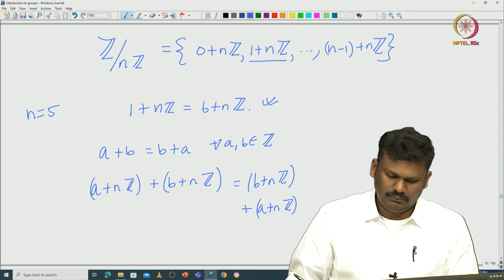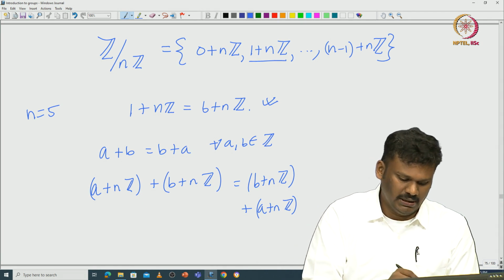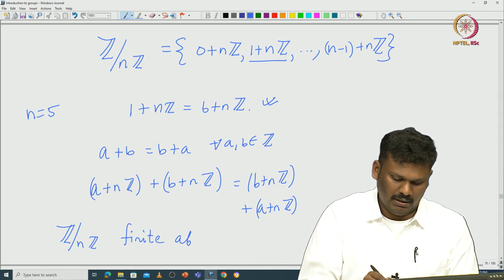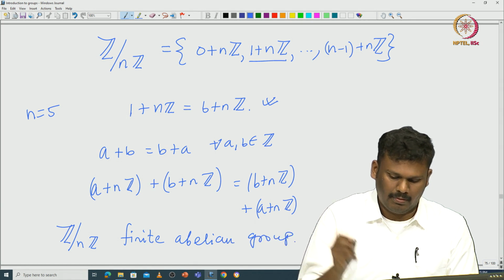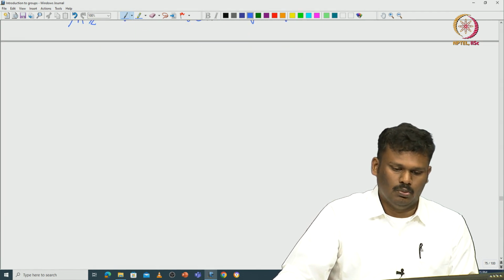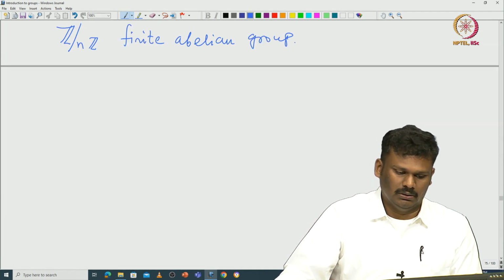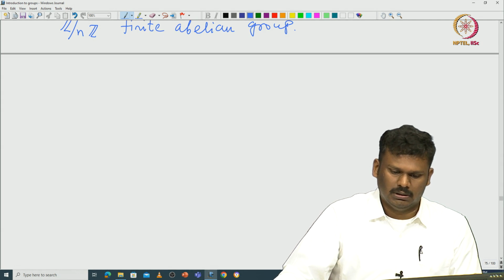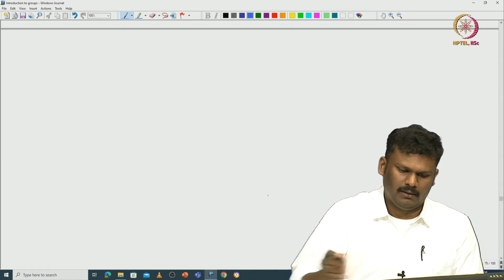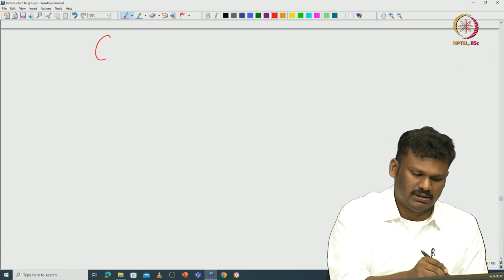So, this group is indeed a finite abelian group. But note that it is more than a finite abelian group. It is indeed what is called a cyclic group. So, let me introduce what is called a cyclic group.